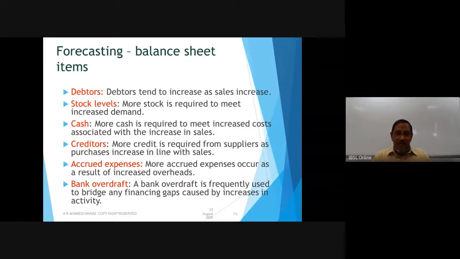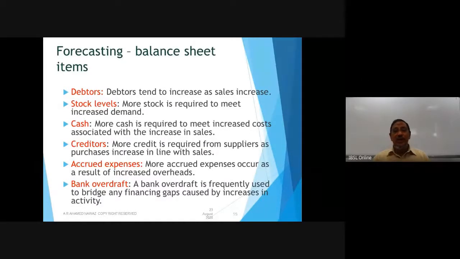With the volume of sales increasing, debtors may increase in the same ratio, but we have to see whether the customer is maintaining the ratio within the norms without changing it. Then stocks are needed. More stocks are required to meet the increased demand. So this is very important. When the business is increasing, the stock levels may increase.